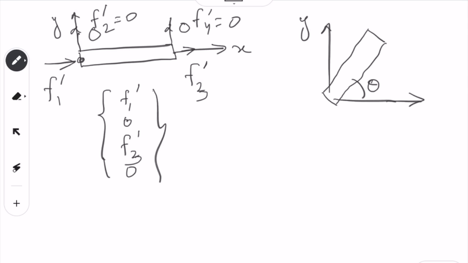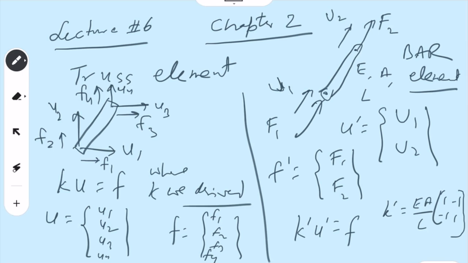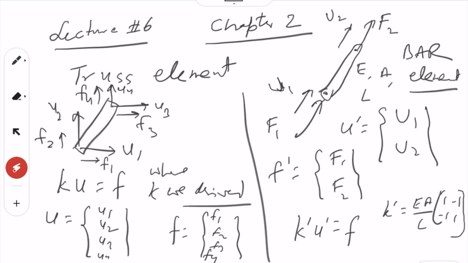We call it like that. So F1 dash equal to F1 and F3 dash equal to F2, so that we can relate it with the previous system, meaning when we use the simple 1 degree of freedom per node.